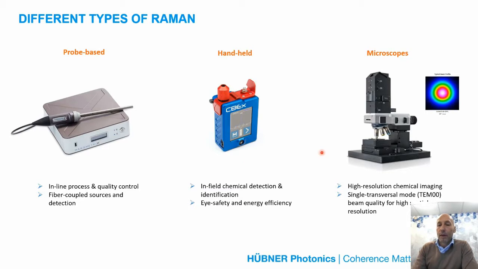Then finally we have Raman microscopes, which can offer high resolution chemical imaging. And here the beam quality of the laser is typically very important. In order to provide very high spatial resolution, the laser beams should preferably be diffraction limited, which means that they should be single transversal mode, or so-called TM00 mode.